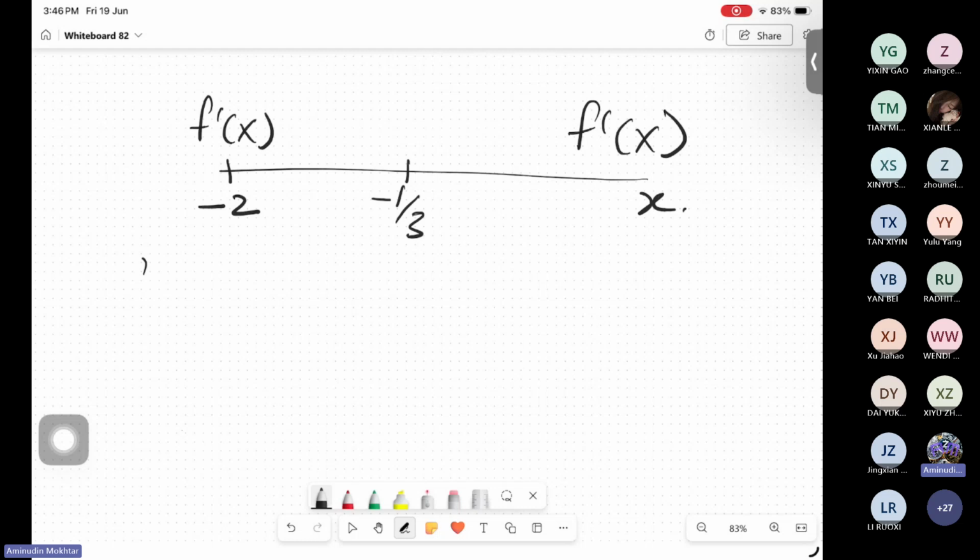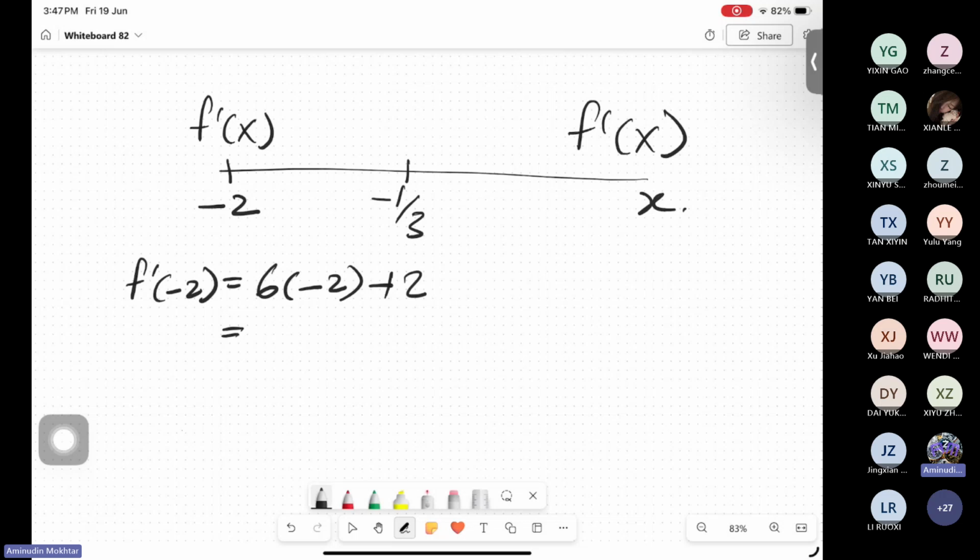So the slope of the tangent line when x equals negative 2, based on the first derivative, is 6 times negative 2 plus 2. The answer is negative 12 plus 2, which is negative 10. So before this critical point, the slope of the tangent line is negative.